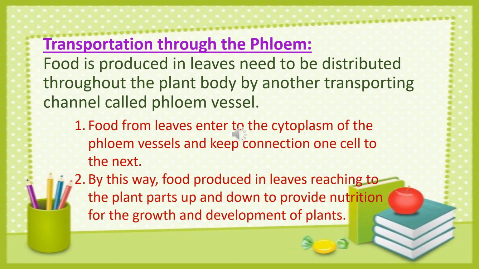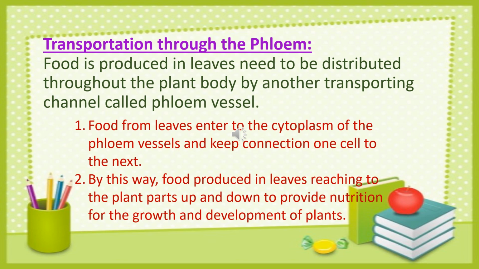Now, let's see what happens in the phloem vessel, that means how transportation occurs through the phloem. Food produced in leaves needs to be distributed throughout the plant body by another transporting channel called phloem vessel. So what happens? Food produced in leaves first enters the cytoplasm of phloem vessels.